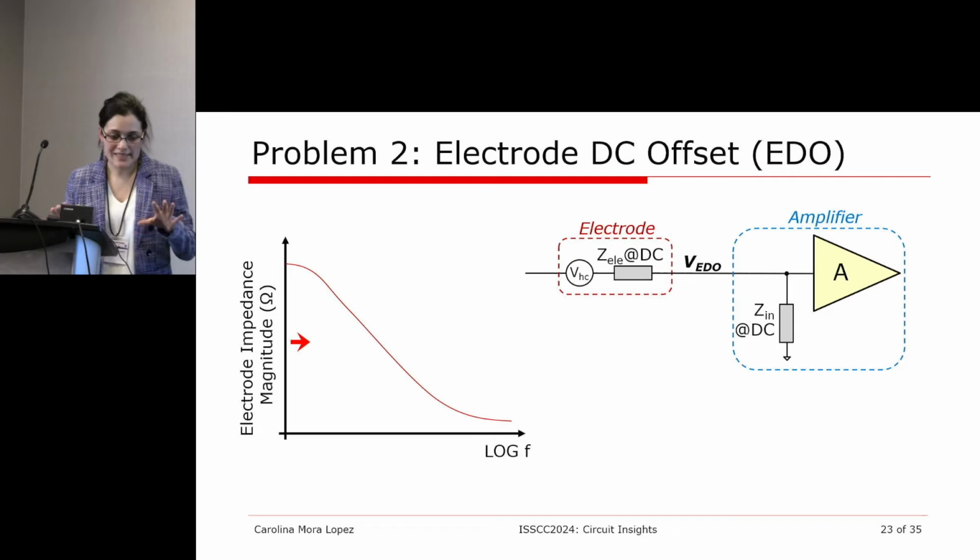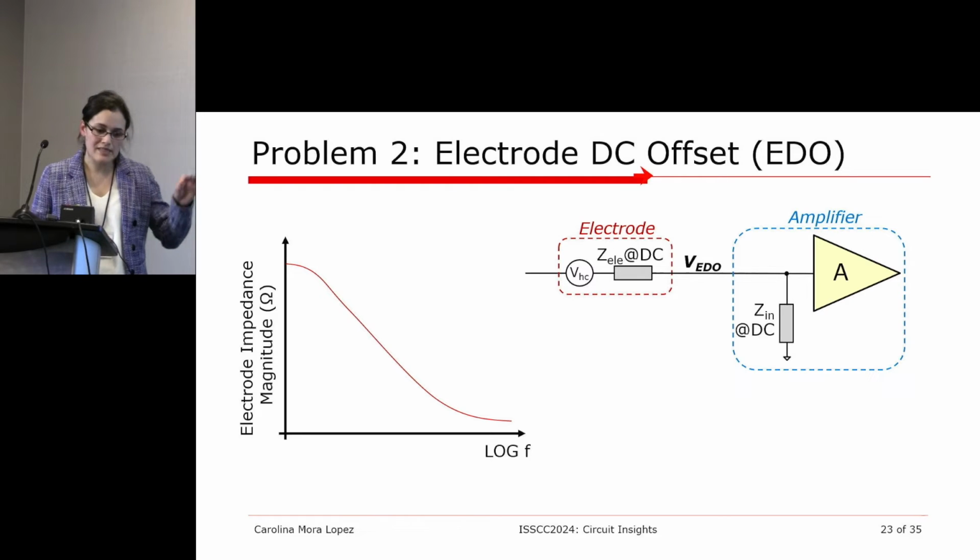If we model this at DC, you will have your electrode impedance at DC, but it will be received by an amplifier that is also not ideal. So you will also have a certain input impedance at DC that you normally also expect to be very high. This half cell potential will go through a voltage division here, and the voltage that is seen by the amplifier after the voltage division is what is called the electrode DC potential that I mentioned in the title.